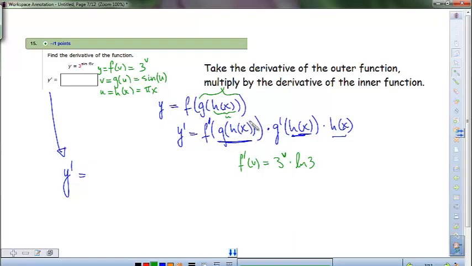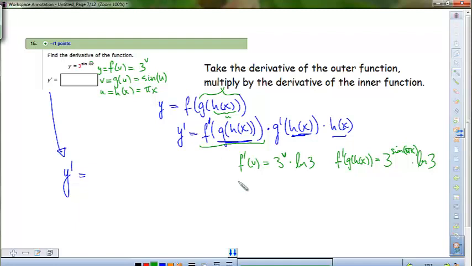What is g of h of x? It's g composed with h of x, or if we look at it, it's just the inner function, which is also a composition. So why don't we put that down here already? f prime of g of h of x, which is exactly what we're looking for in this first part, is equal to 3 raised to sine pi x, times ln of 3.